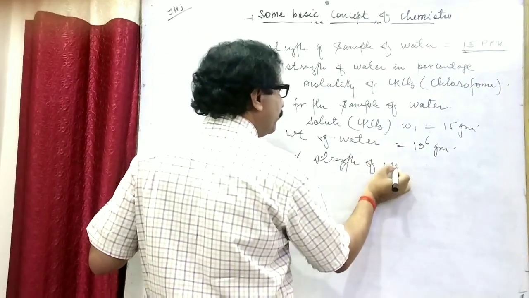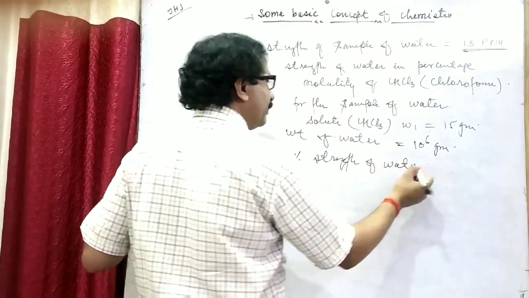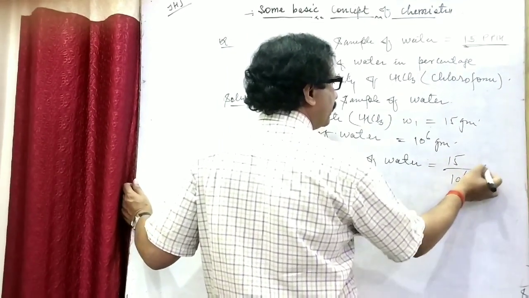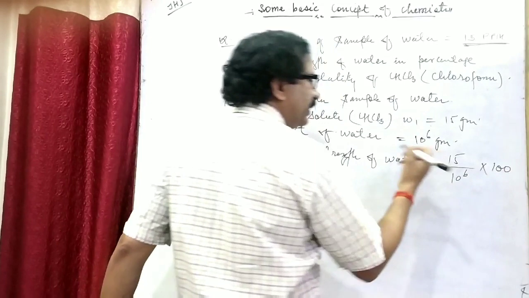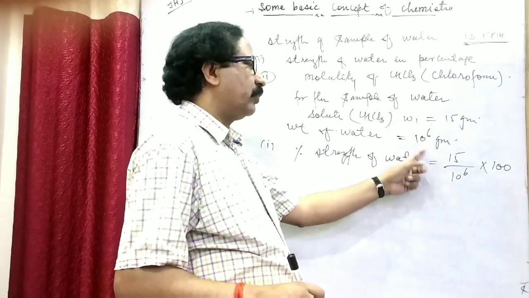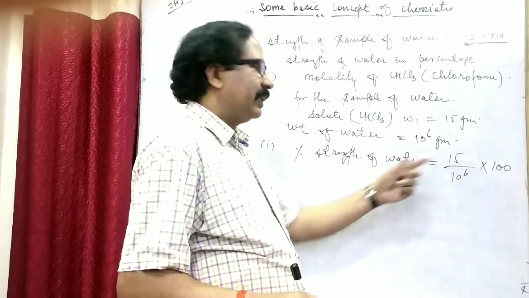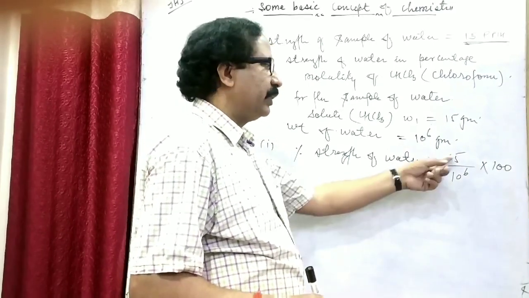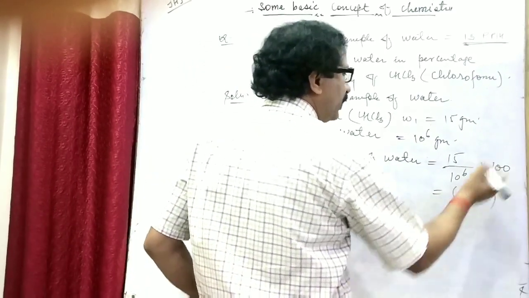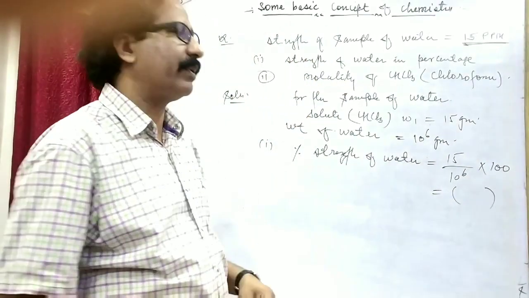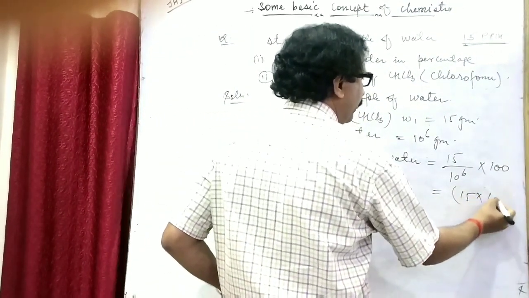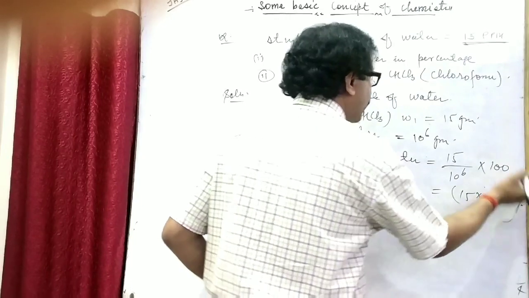Percentage strength of water must be 15 upon 10 to power 6 into, so easy. In 10 to power 6 gram, chloroform is 15 gram. Then in case of 100 gram, 15 upon 10 to power 6 into 100. You can find out its solution: 15 into 10 to power minus 4 percentage.